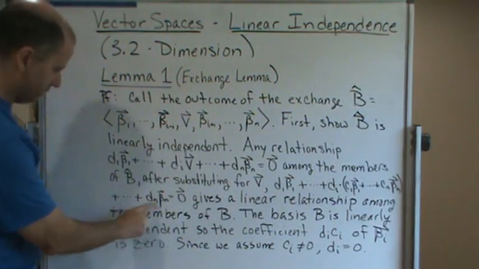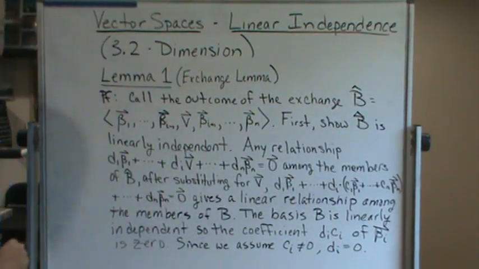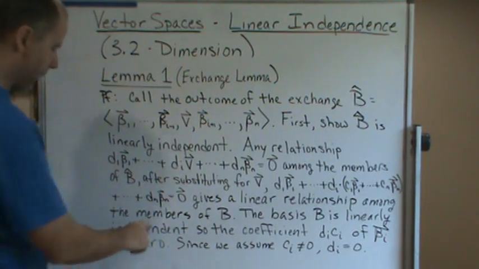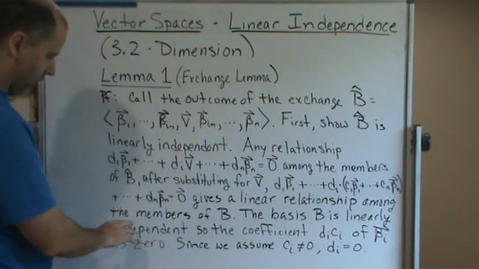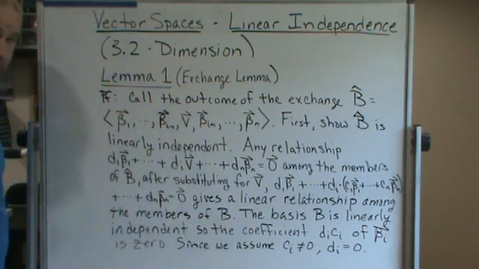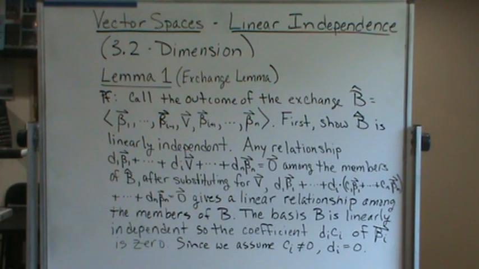Now this gives a linear relationship among the members of B. So these are all the betas, going from beta 1 through beta sub n.